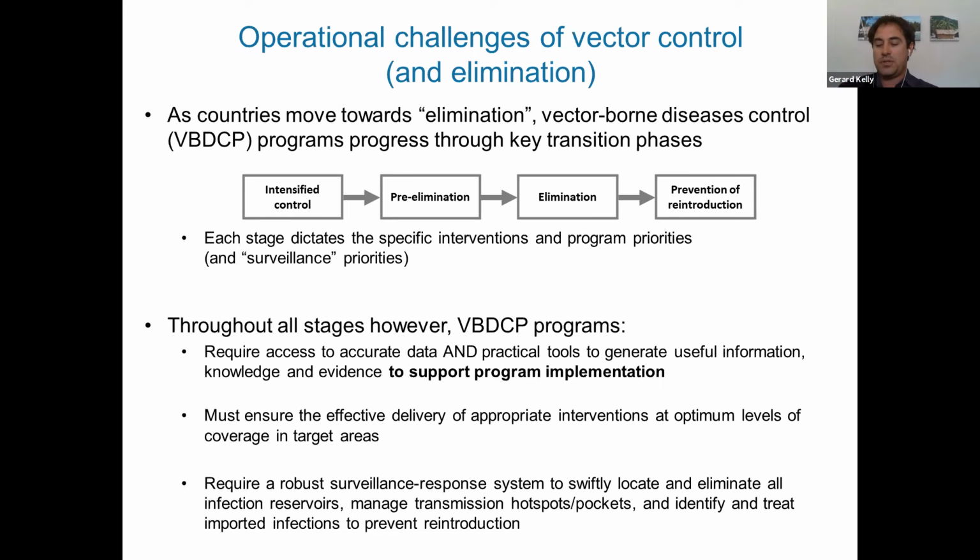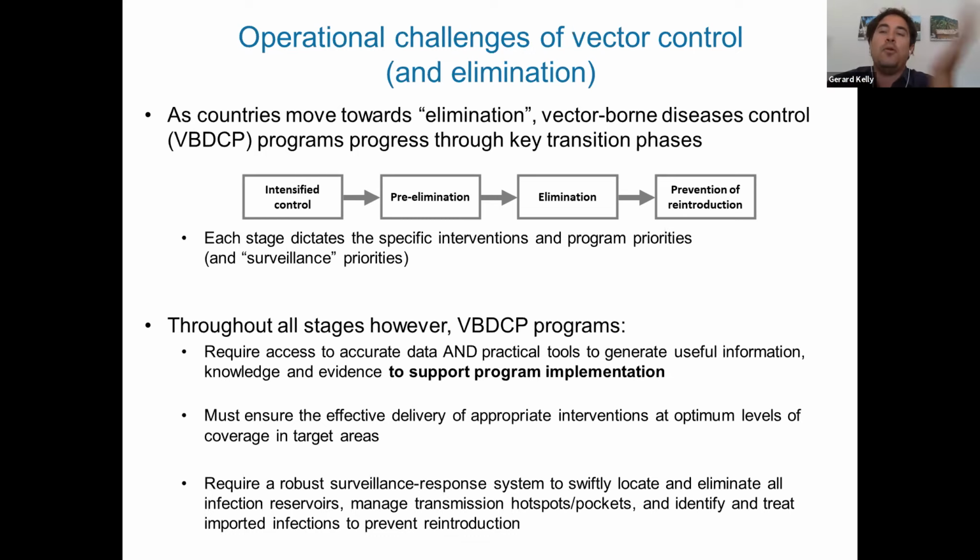As countries go down the line towards elimination, that's exactly what they're trying to achieve. They're trying to track individual cases and trying to prevent the local transmission of that case, so from the imported case into a locally regenerating population or pattern of transmission.